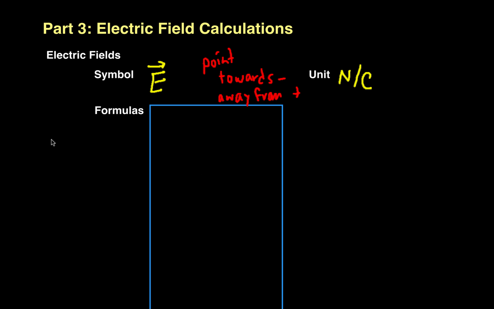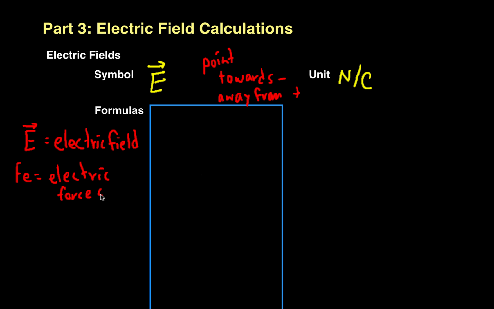For the purpose of these formulas, I'm going to write down what some of the symbols are going to mean. E, as shown above, is the electric field in question. Fe is the electric force on a charge in that field.